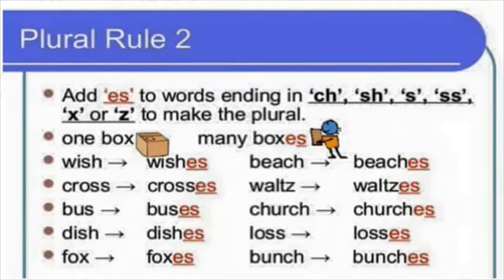Then it becomes boxes. Like that, there is a list of nouns that ends with the above mentioned letters. So we can pluralize them by adding es letters to the end of the word.